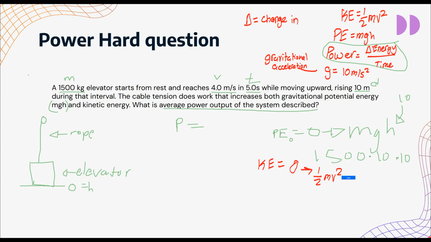Same thing for change in kinetic energy. It goes from velocity of 0 meters per second to velocity of 4 meters per second. So just the same exact thing that Lucas did with the height, but with the velocity for kinetic energy. 1500 kg times, what?